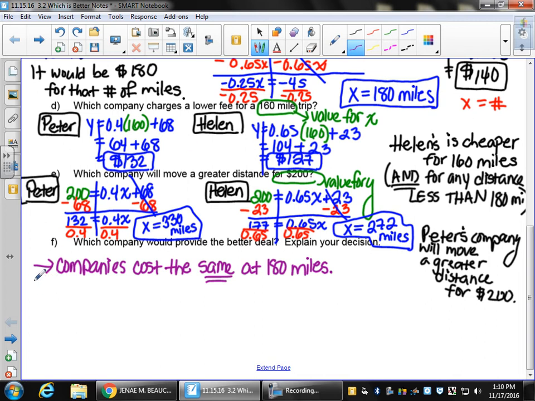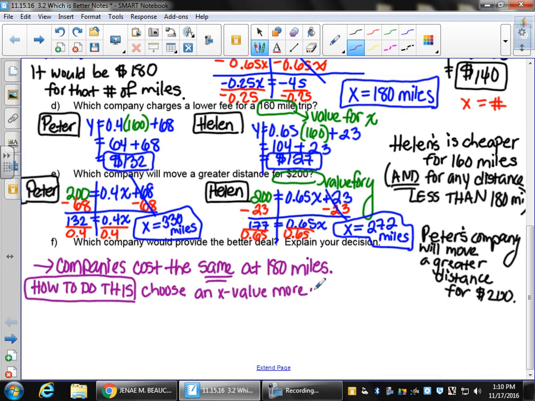So how to do this? Choose an x value more or less than the break-even point when they're equal.